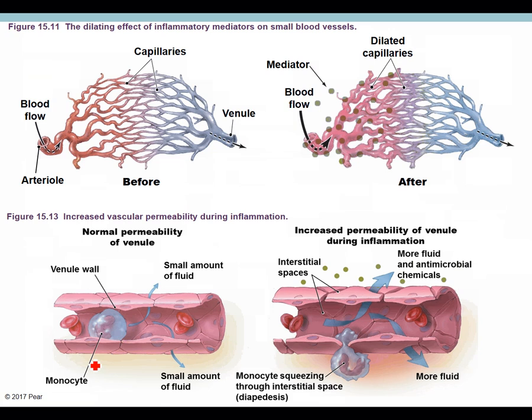You can see on the bottom picture here, the spaces between the cells that make up the blood vessel become larger, and so more fluid and more cells are able to leave the blood vessel to access the infection or the damaged area. So on the left, you have a normal blood vessel, and things can leave a normal blood vessel if it's a capillary, but when there's inflammation, it's an increase in that movement of materials out of the blood vessels.